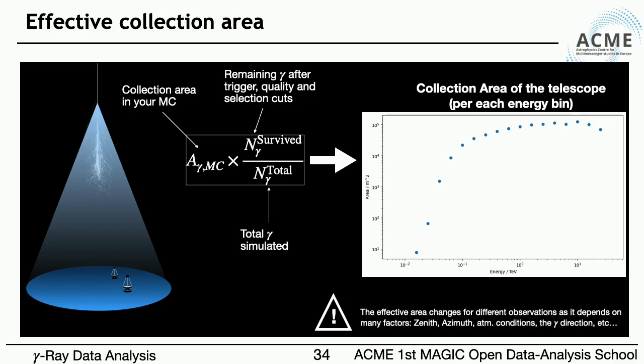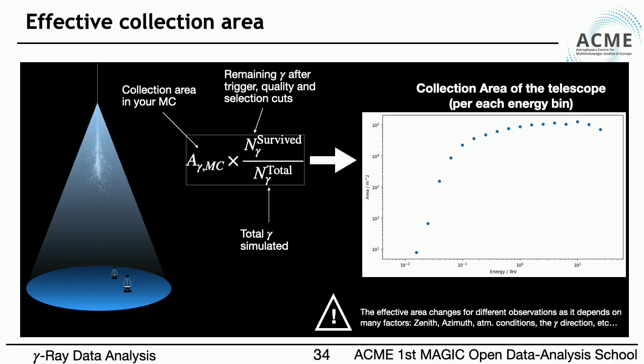Here A_gamma^MC is the collection area in the Monte Carlo simulation, N_total is the total number of simulated gamma rays in the Monte Carlo simulation in a given energy bin, while N_survive is the number of gammas that survive after the trigger, after the quality cuts, and after any other selection cuts that are applied on your data in order to suppress the background and increase the signal to noise ratio. In other words, the effective area is the fraction of simulated gammas being recorded multiplied by the collection area assumed in your simulation.